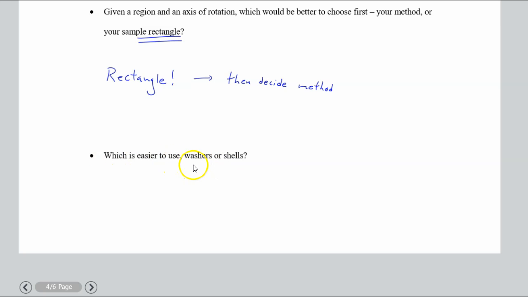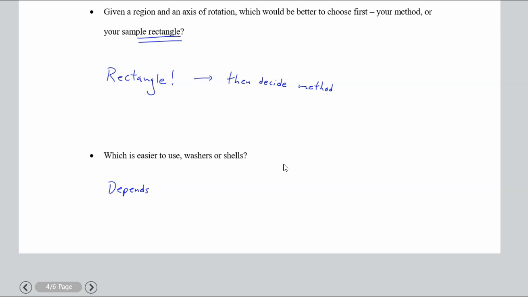And then which is easier to use, washers or shells? So this one, again, you can think about for a second if you want to pause it. And you might have a preferred method that you like better, but I would say it's probably not always easier to use. It's going to depend. So this one depends on whether or not you have to rearrange that equation and how easy that equation is to rearrange.